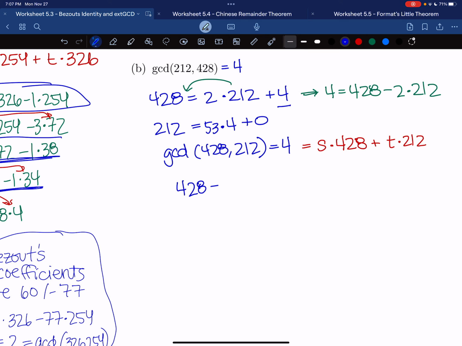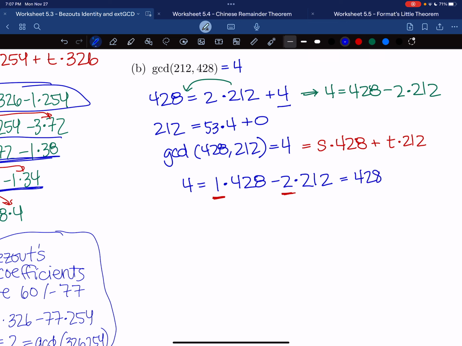So I can go ahead and say 4, and that's it for this particular example. 4 is equal to 1 times 428 minus 2 times 212. That one was pretty easy. So there's our S and T in this space, and you can do a quick check. These values, if you had multiplied it out, that's 428.